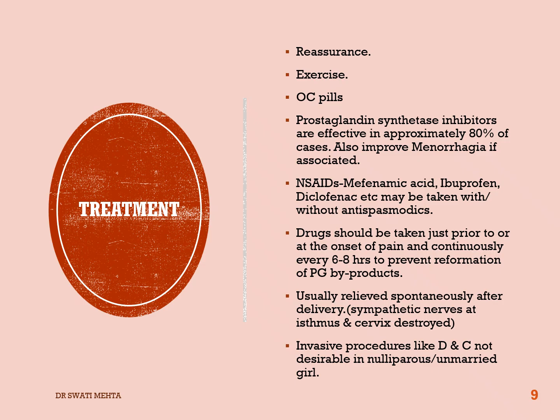So these are the allopathic medicines which are used by allopaths to relieve pain in dysmenorrhea. We have many other medicines, and we will discuss them afterwards. These medications should ideally be started before or at the onset of pain and continued regularly during menstruation. Many women experience spontaneous improvement after childbirth.